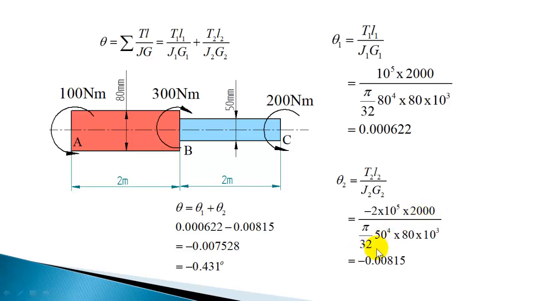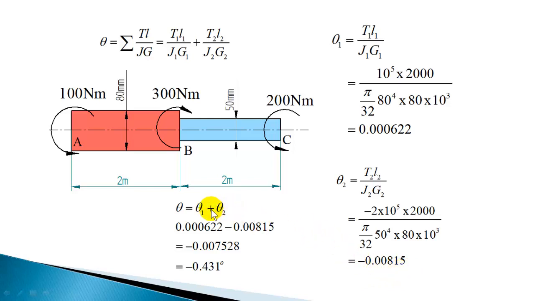Polar moment of inertia is pi by 32 into 50 to the power of 4, where 50 is the diameter. Rigidity modulus is 80 gigapascal or 80 into 10 raised to 3. By substituting that, you will get the angular twist as minus 0.00815 radians. So this is the angular twist in the second section, and that is an anti-clockwise twist.